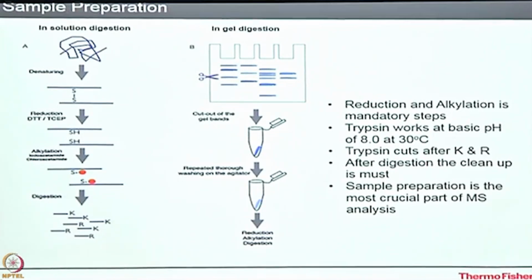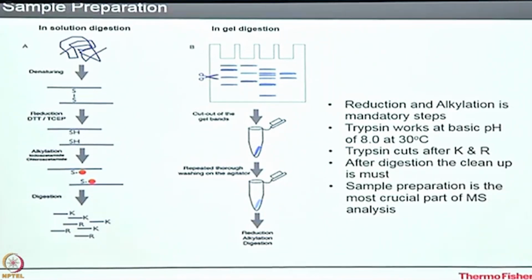Next, trypsin works at basic pH. So when you do the digestion procedure, it has to be at basic pH, more than pH 8, and it has to be kept at 30 degrees. These are the two criteria where trypsin works very well. And as we all know, trypsin cuts after arginine and lysine. Then after digestion comes the cleanup procedure.